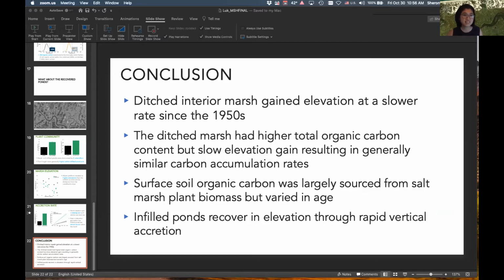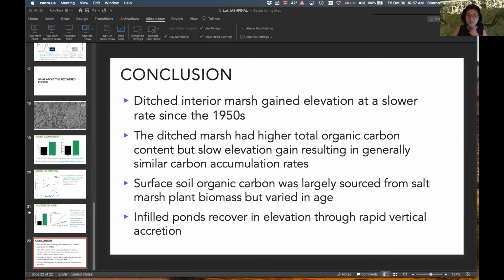The hypothesis of where this old organic carbon is coming from: we know that it has 13C values of salt marsh organic matter. So we hypothesize that it might be microbial recycling that's just kind of spinning carbon at the surface of the marsh, resulting in this old carbon, or there's erosion of the salt marsh creek bank organic matter that's being redeposited on the surface of the salt marsh platform, resulting in contributions of old marsh material.